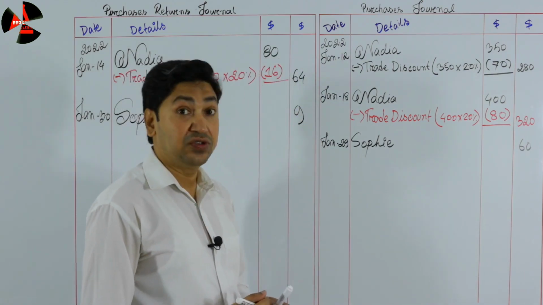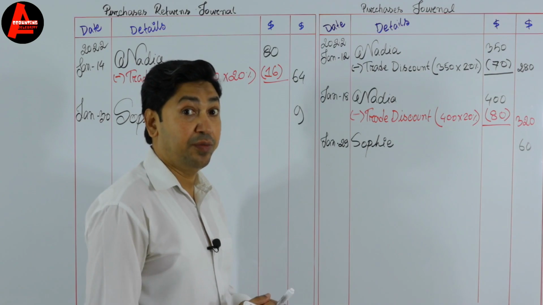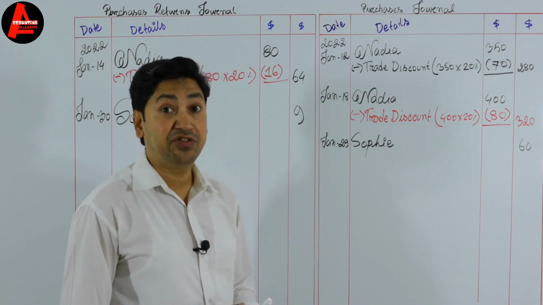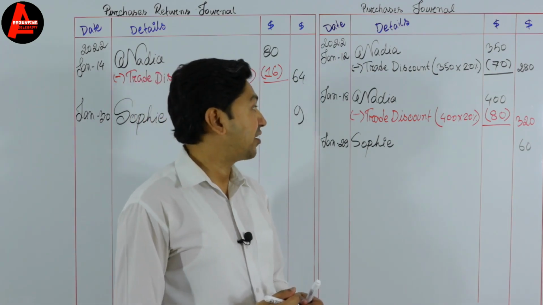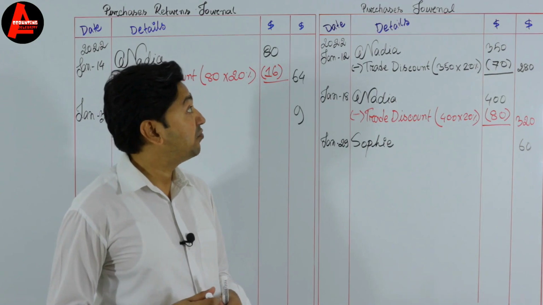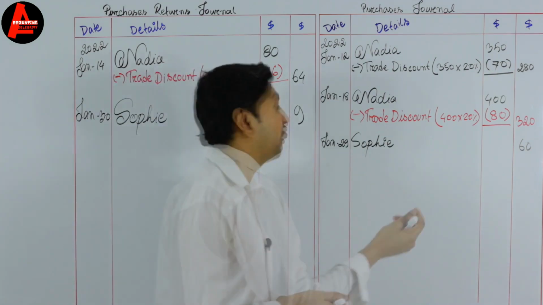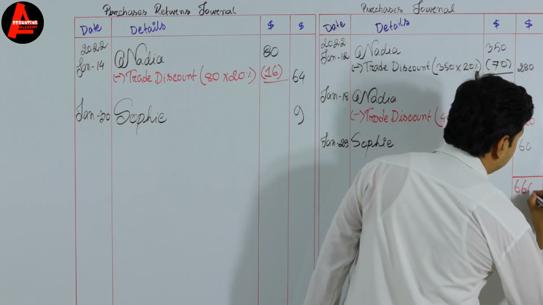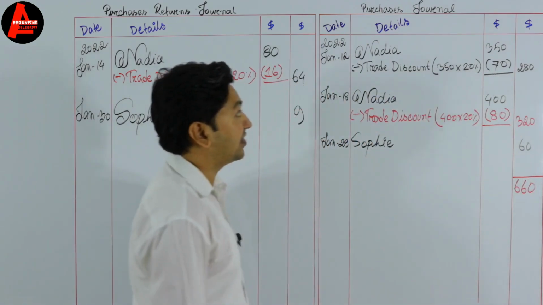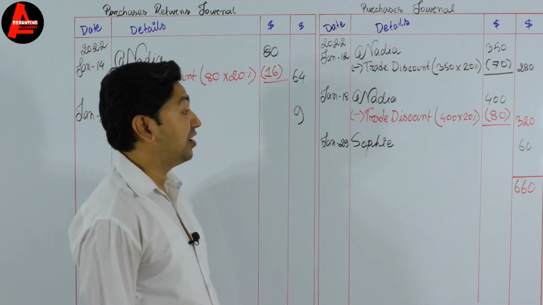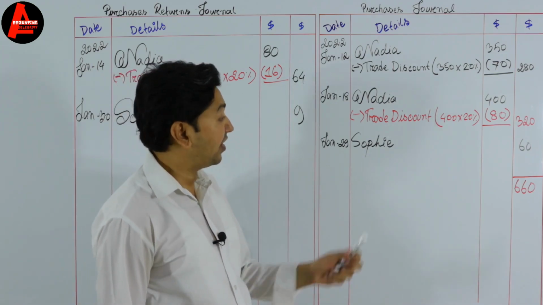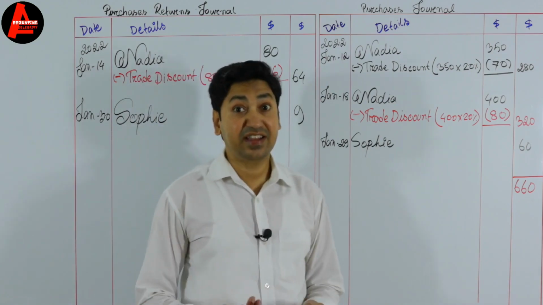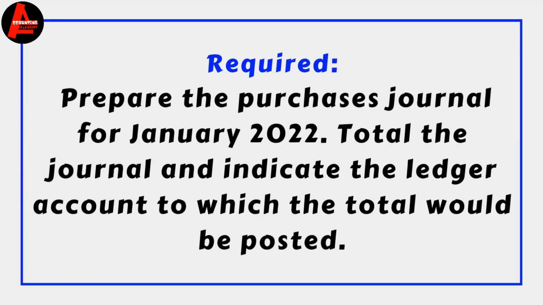Now what to do? Now we need to total the journal books. It is our requirement written in the question. If we sum up, we get $660. So this is the total of the purchase journal. Now we need to write something here. Let us have a look at the requirement once again.